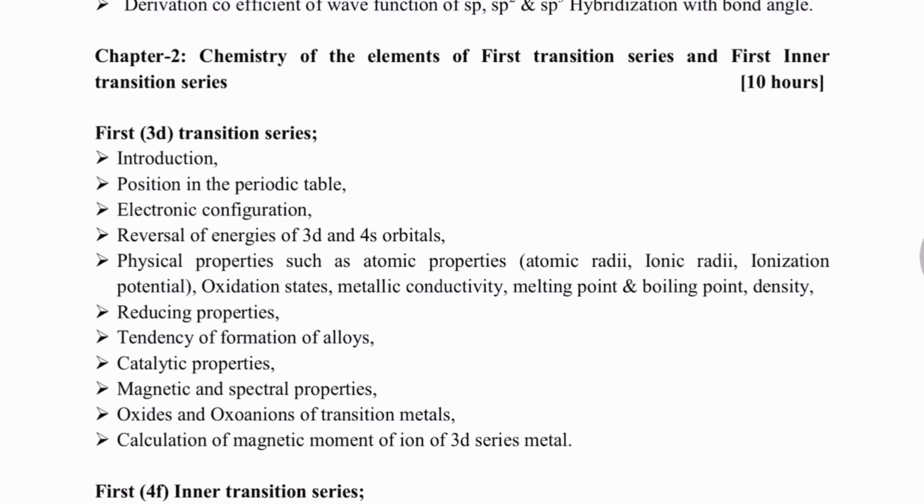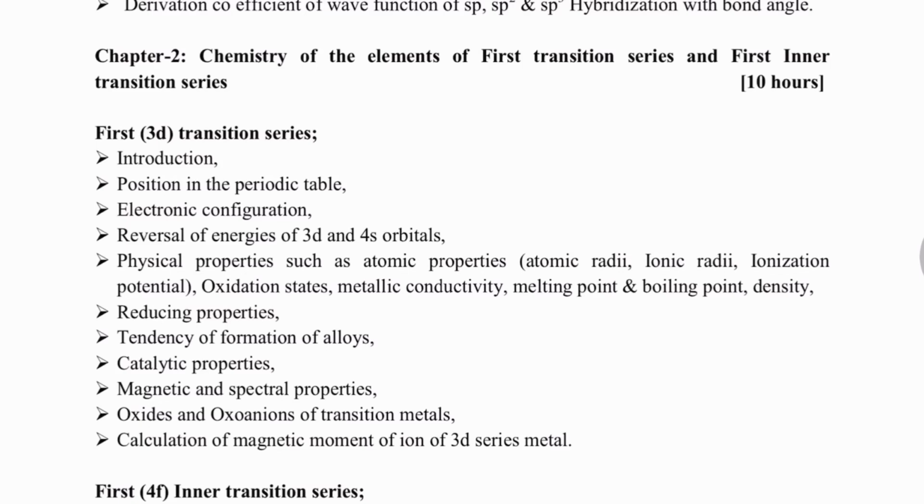reversal of energy of 3d and 4s orbital, physical properties such as atomic properties, atomic radii, ionic radii, ionization potential, oxidation state, metallic conductivity, melting point, boiling point, density, right?